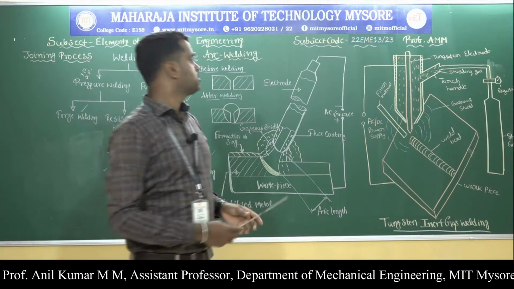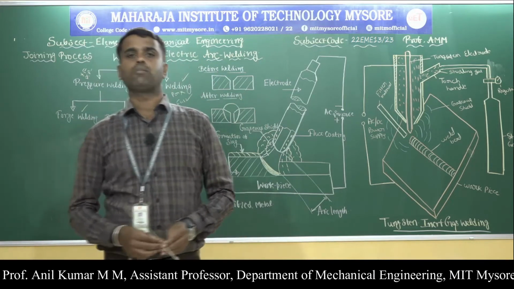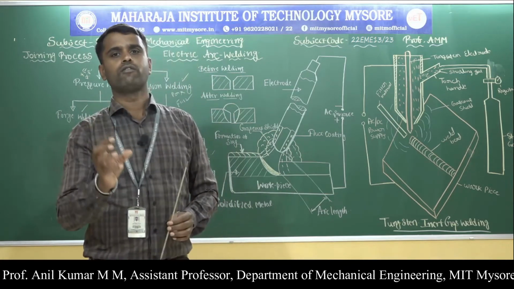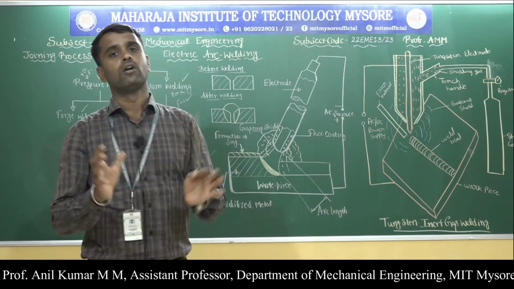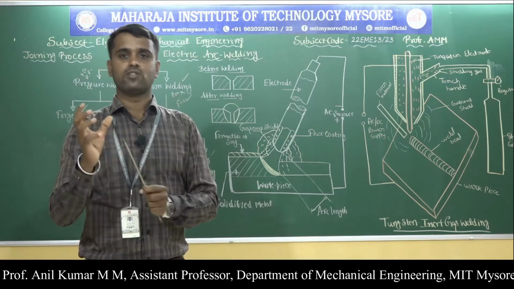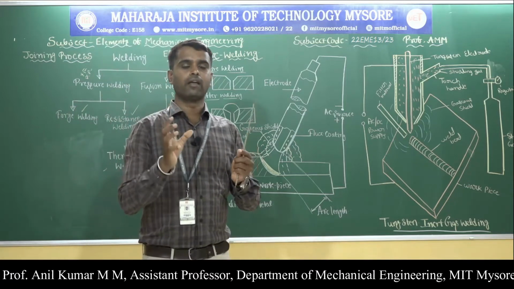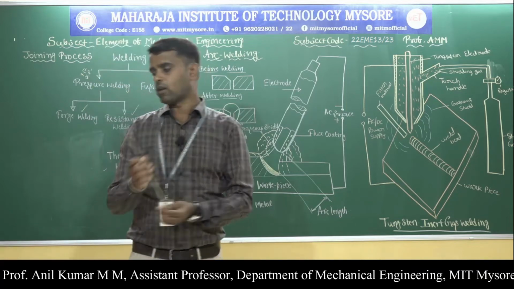Now let us discuss what arc welding process means. In the arc welding process, a high intensity electric arc is used as the heat source for welding. That electric arc is generated between two conducting materials, the electrode and the workpiece.